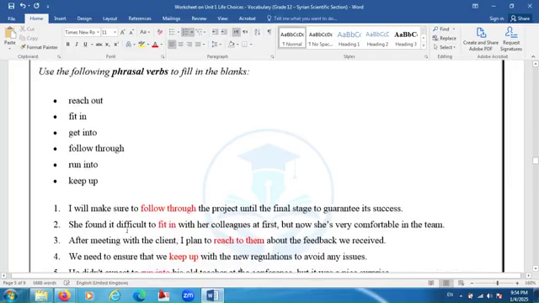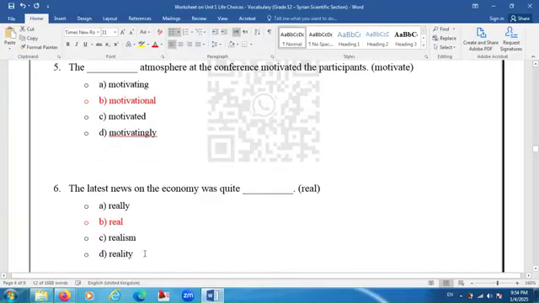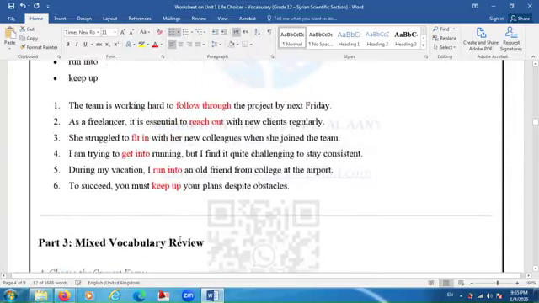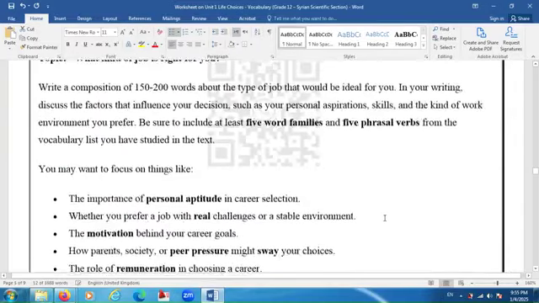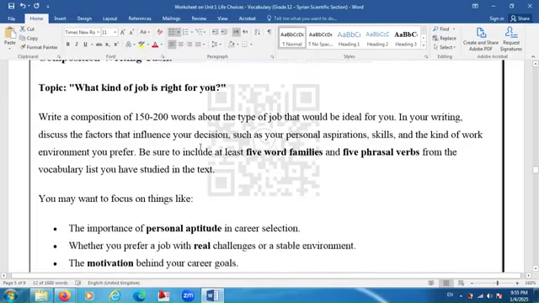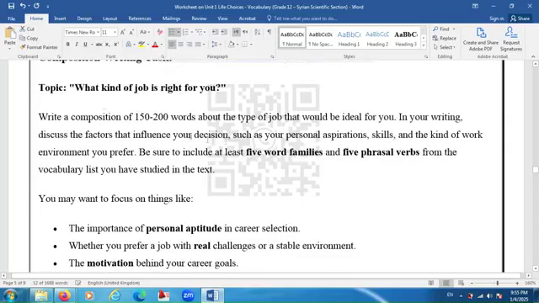The last question now, I need you to take those 6 phrasal verbs and those words or derivatives, and I need you to use all of them or some of them inside a writing related to the text. So I prepared a composition writing task. Write a composition of 150 to 200 words about the type of job that would be ideal for you.